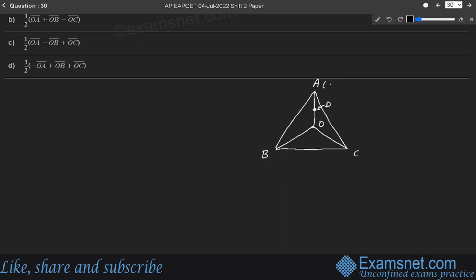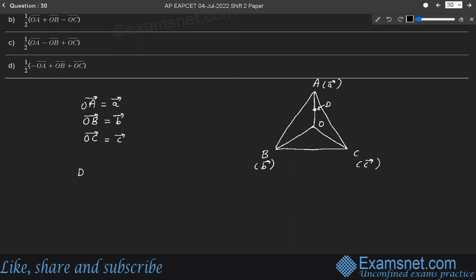We know that A will be a vector, B will be b vector, and C will be c vector. This is a tetrahedron OABC. We know that OA vector is equal to a vector, OB vector is equal to b vector, and OC vector is equal to c vector.